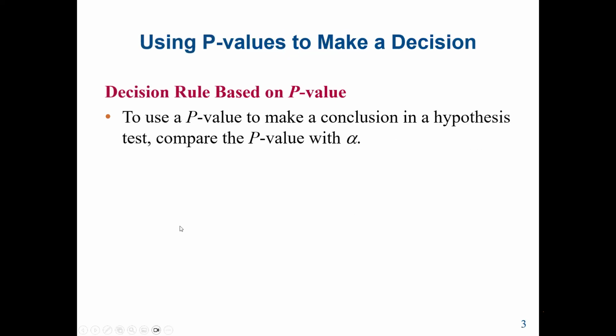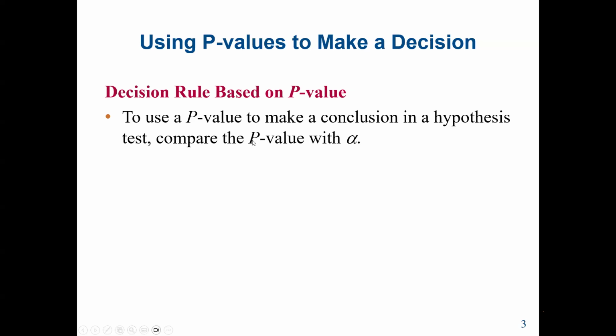Okay. So next, the decision rule based on the p-value. We mentioned that already. To use a p-value to make a conclusion in hypothesis testing, we always compare the p-value with alpha. Alpha is the level of significance. And as we said earlier, if the p-value is less than alpha, then we are going to reject H0.